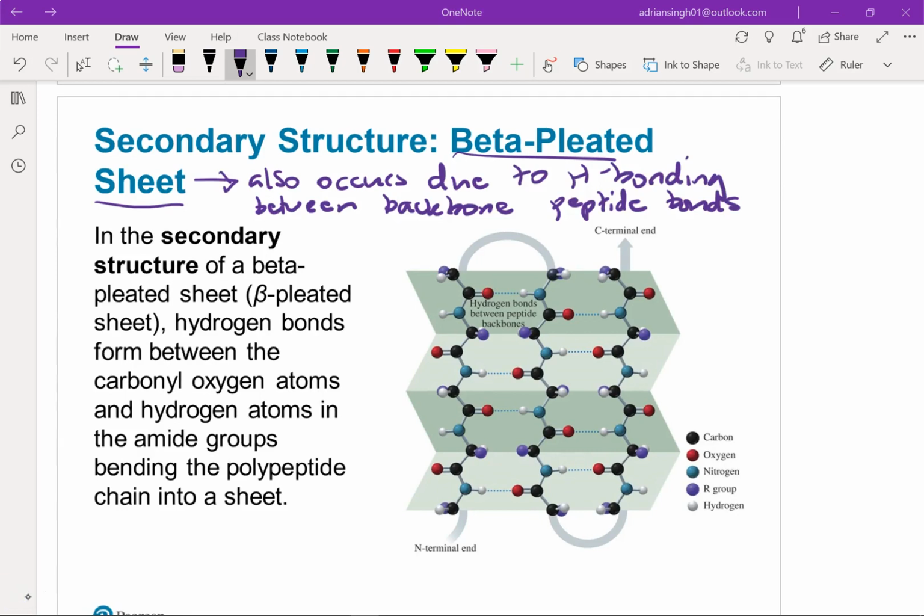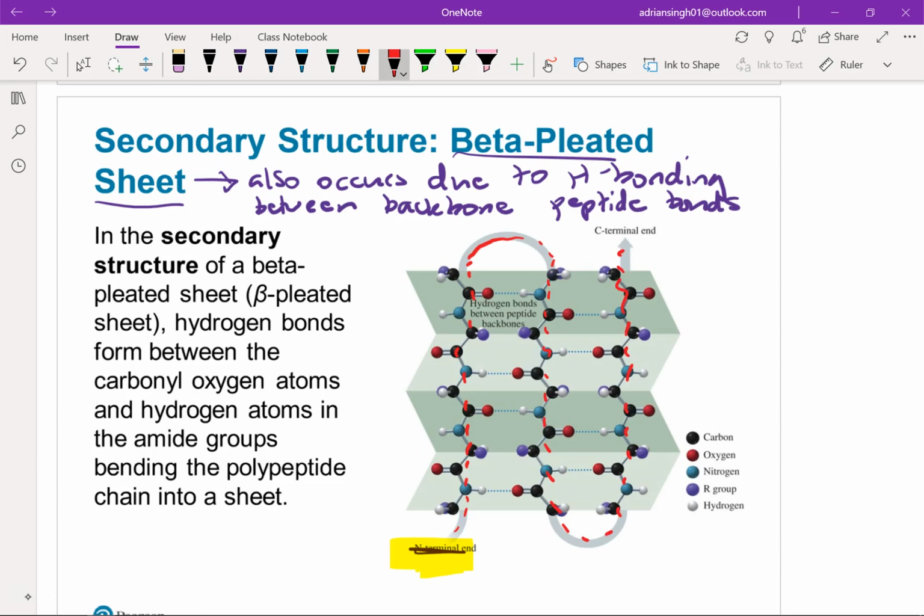But in this case, what actually happens is if your protein starts down here, at the N-terminal end, it can continue down this way, and then it can fold back upon itself, and then fold back upon itself again.